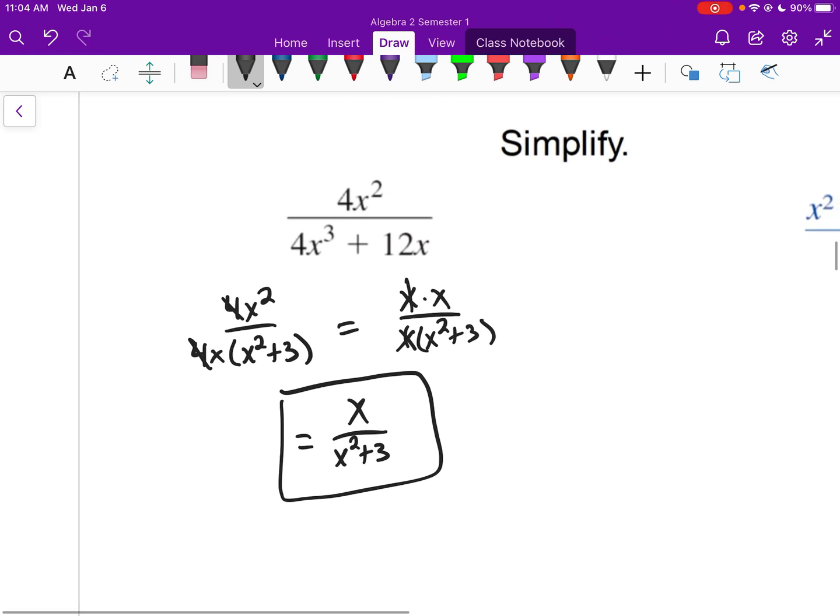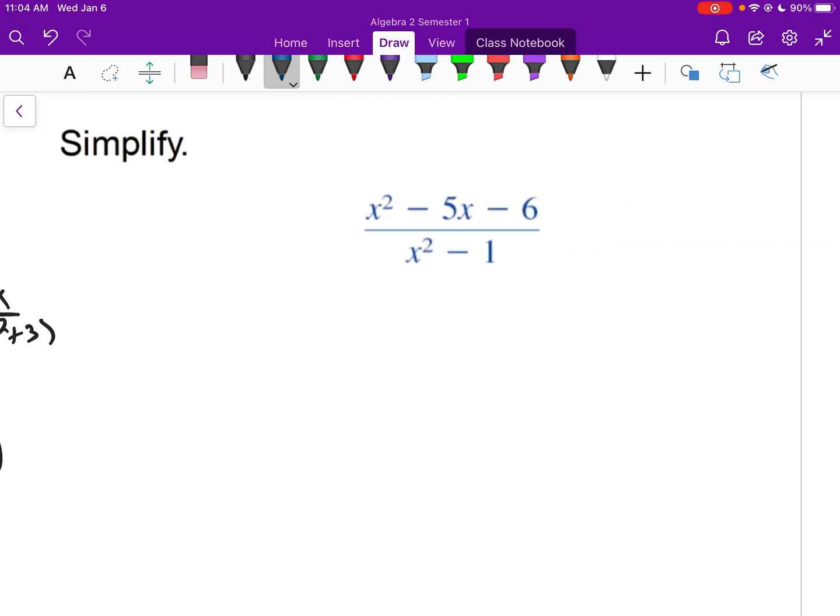Second example now. Again, everything's in terms of subtracting here. We need to get it in terms of multiplying. The way we do that is by factoring. So I'm going to factor the top. x squared minus 5x minus 6 has to be x and x. Since this sign here is minus, these will be opposite.